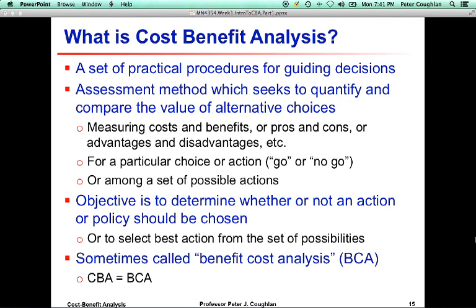I won't get into it too much now, but it's actually a special case. Cost-effectiveness analysis is a type of cost-benefit analysis, basically where you compare alternatives based only on their costs, assuming that the benefits are the same. When you have equal benefits, then all you care about is minimizing cost. So it's a type of cost-benefit analysis in which the benefits of all options are the same.